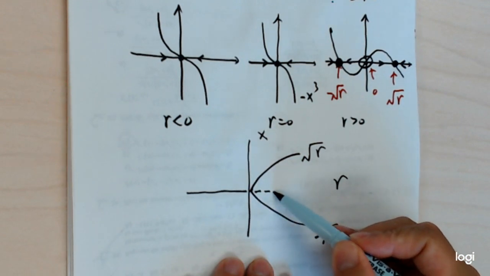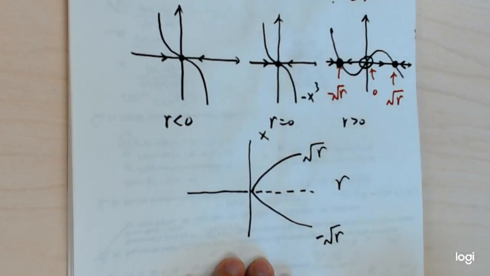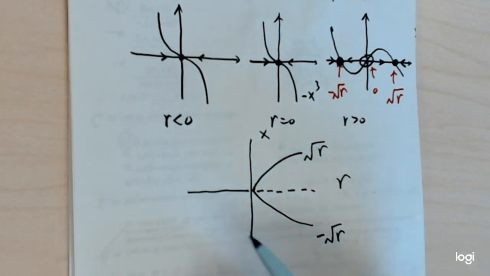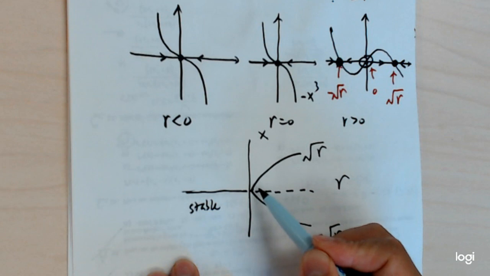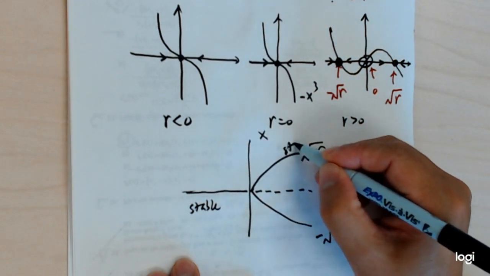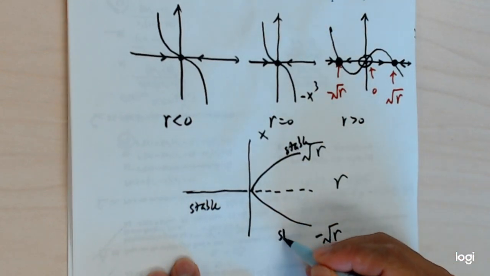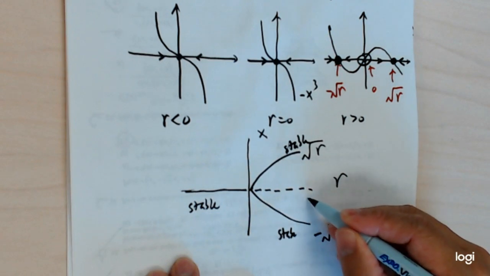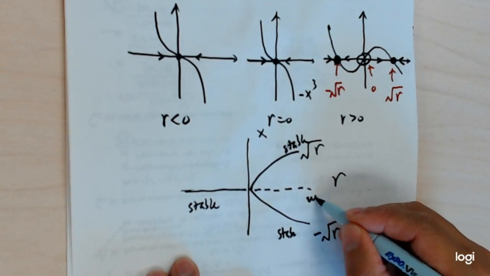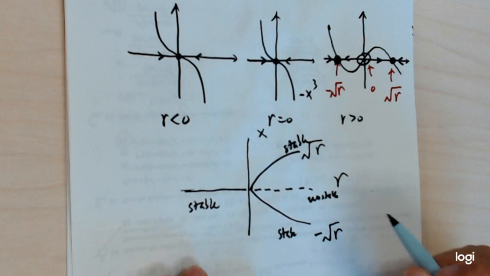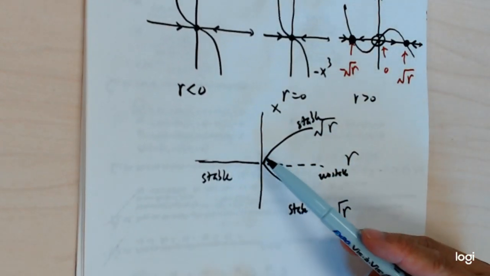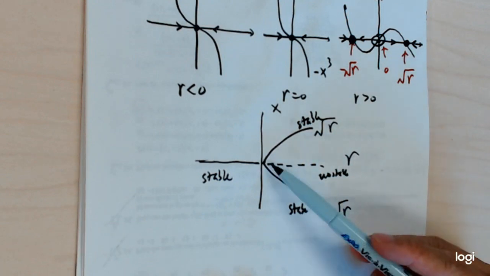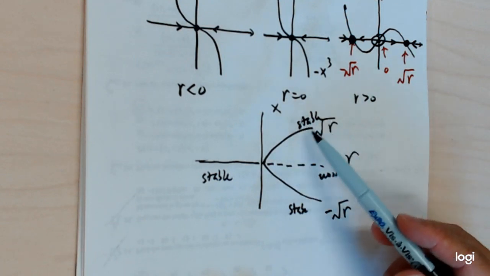So this is x equals 0. Stable, this is x equals 0 being stable. Upper branch stable, lower branch stable, and this one becomes unstable. So this one we'll call supercritical pitchfork, when the 2 equilibria that you created become stable.